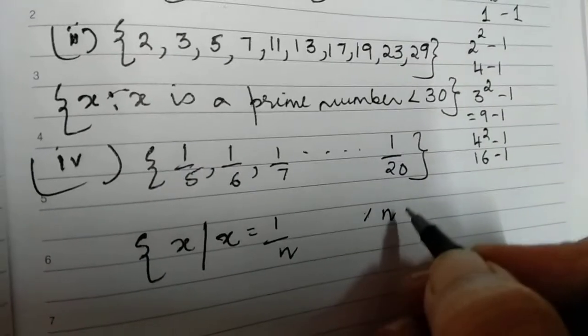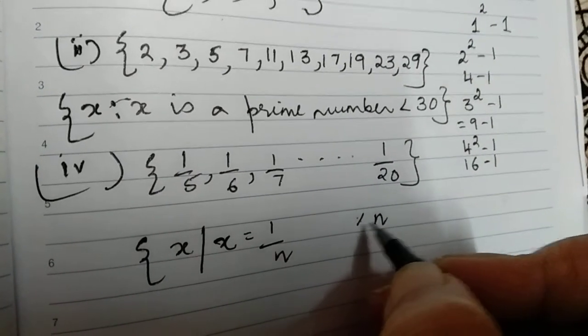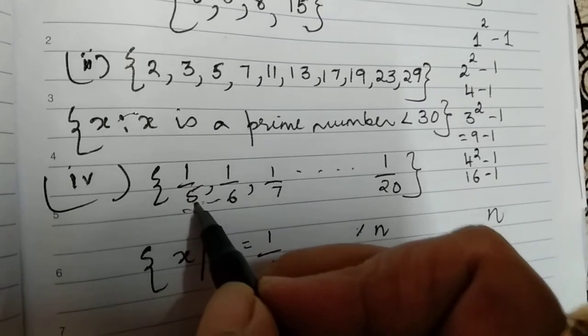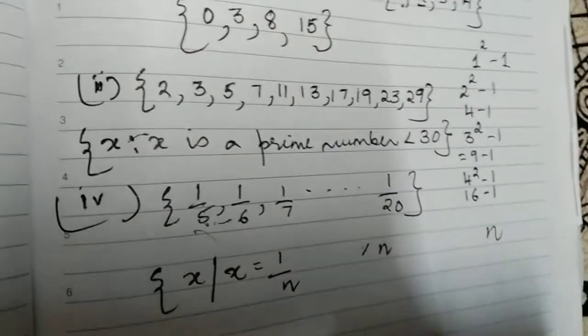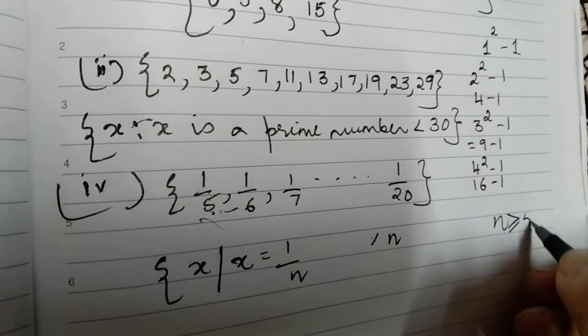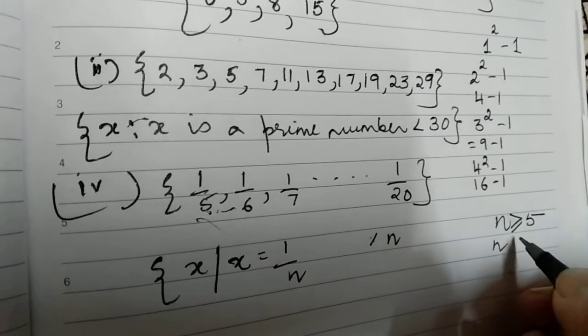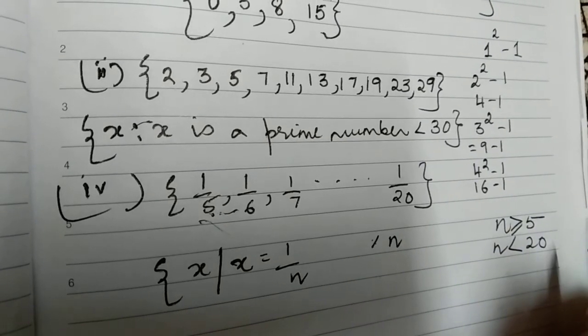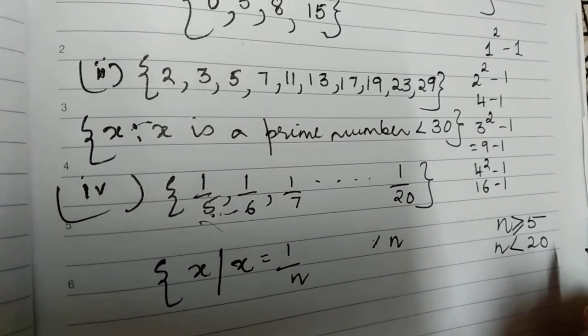So how do we write? N is greater than. See, n is over here. It is greater than or equal to 5, but n is less than 20. Okay, so how do you write it?